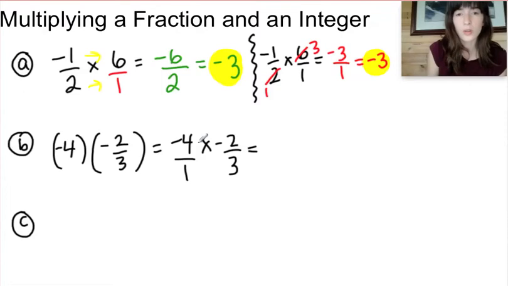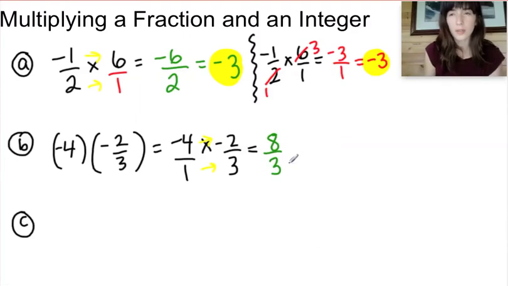All right, so multiplying straight across, -4 times -2 gives me +8. 1 times 3 is 3. We might practice keeping them as improper fractions. You'll notice we'll likely do that a little bit more later on in the 8th grade curriculum. Or we can change it to a mixed number. 3 goes into 8 2 times, which is 6, with 2 left over, so 2 2/3.